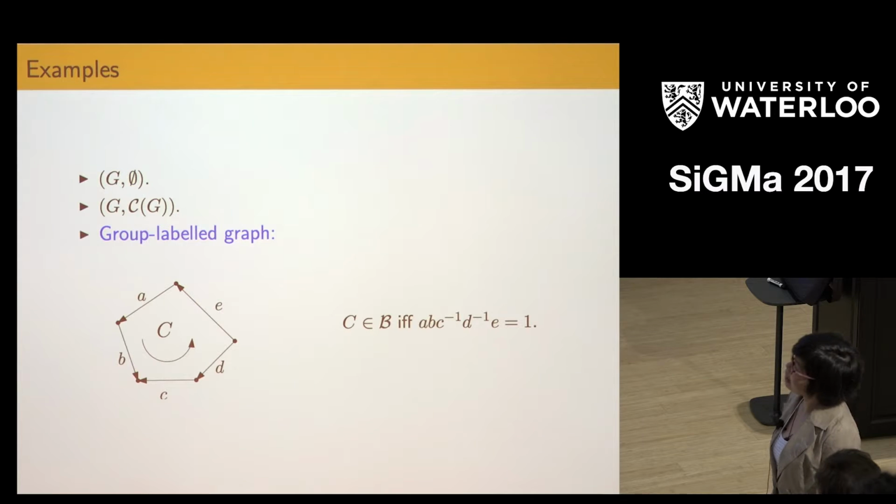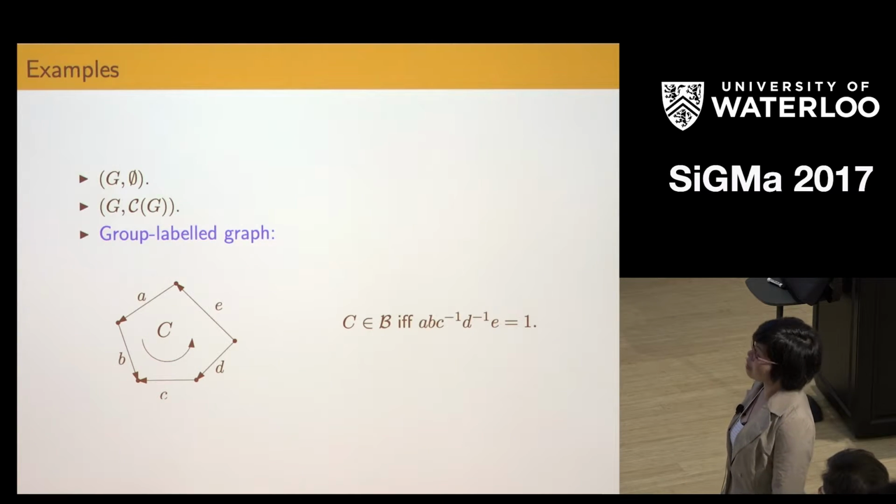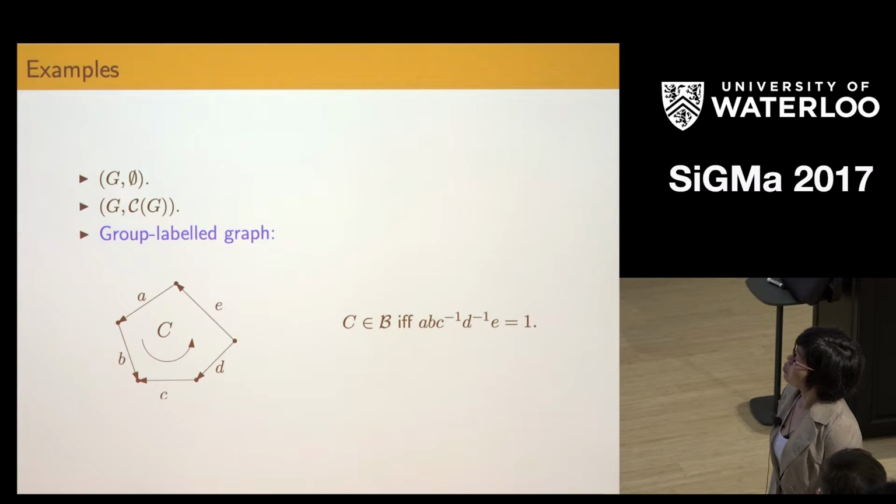you a directed graph with edges labeled from a group, how can we determine whether a cycle is in B or not in B? For any cycle in G, I give an orientation of the cycle, and look at the group product of the edges.